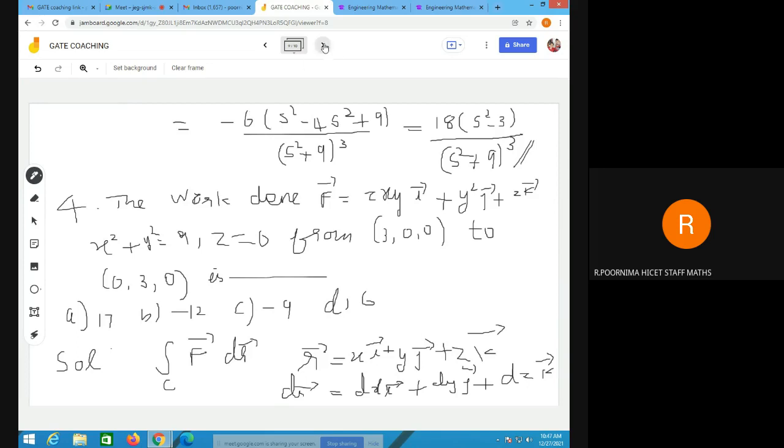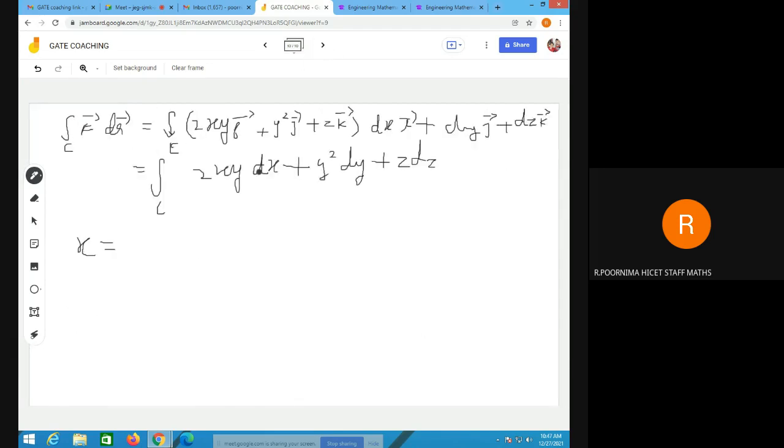Here, instead of theta, we can use t or theta, whatever it may be. So you will be getting x equal to 3 cos theta and y equal to 3 sin theta.